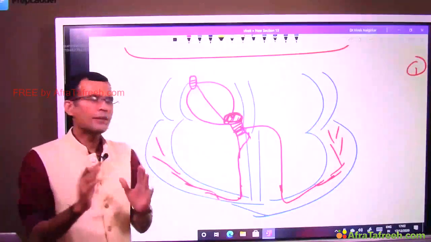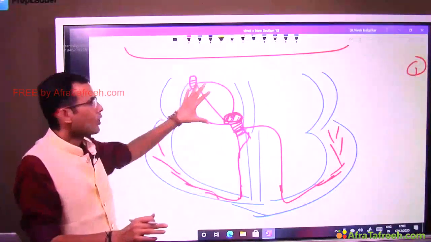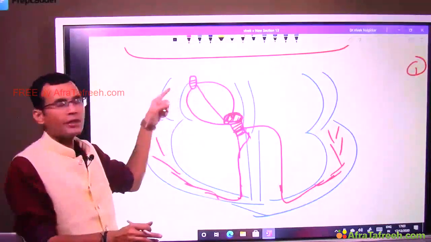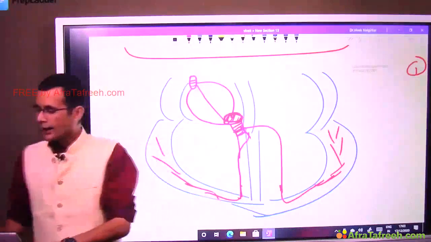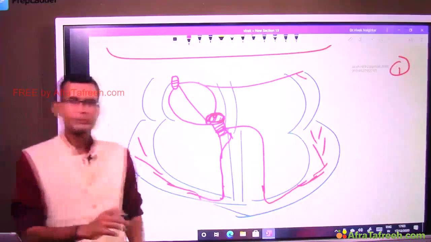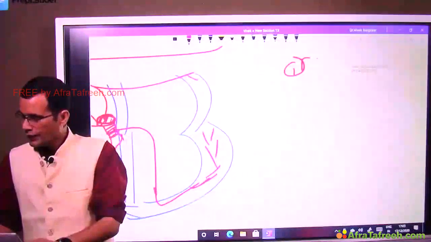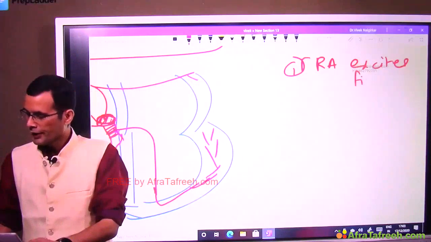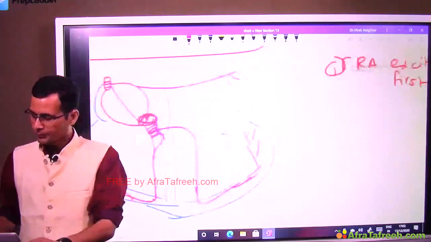So in the case of excitation, depolarization occurs in the right atrium first, because the pacemaker, SA node, is situated in the right atrium. And then it spreads into the left atrium like that. Yeah, so right atrium excites first ahead of the left atrium.